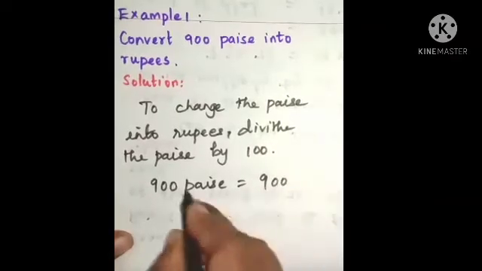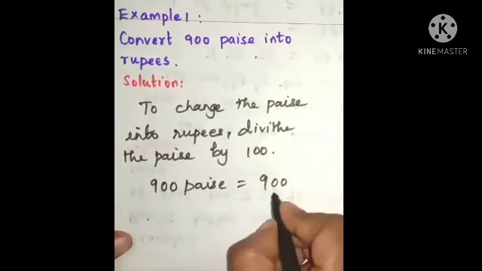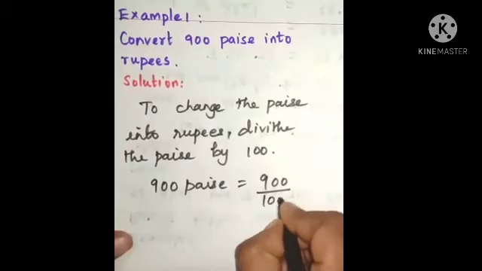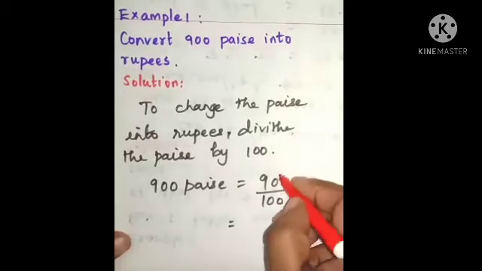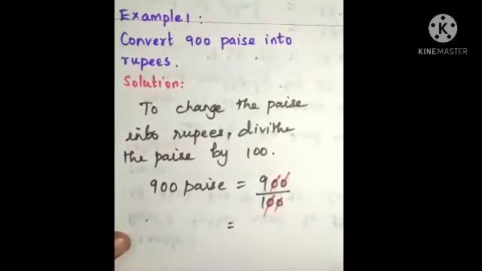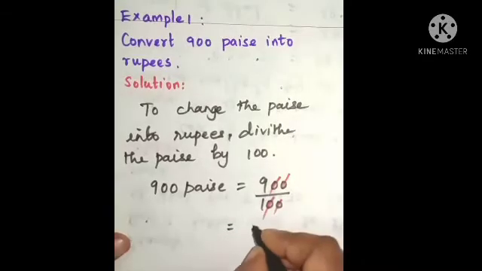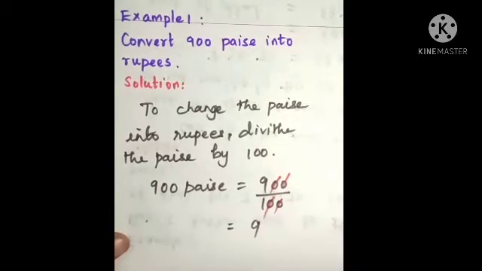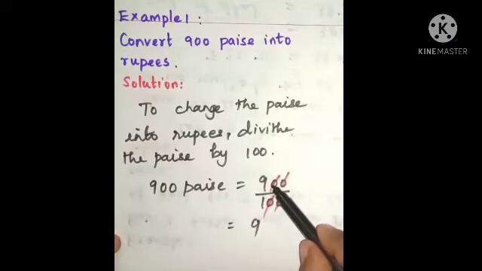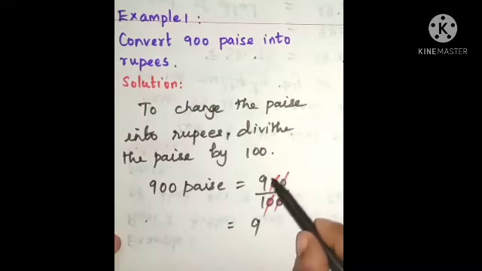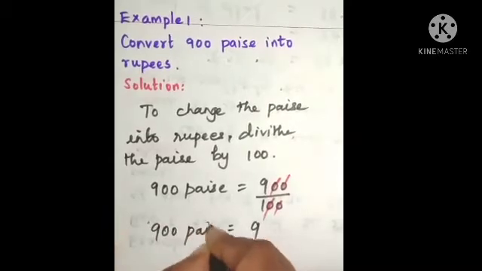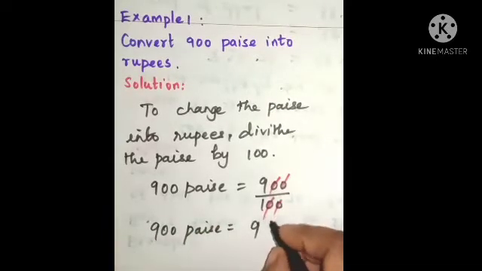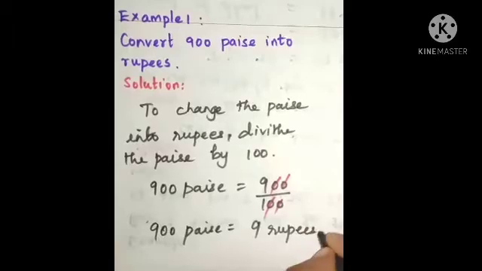Now we are converting it into the rupees form. Divide it by 100. Now cancelling two zeros from the numerator and the denominator, we get 9. When we divide 900 by 100, it is 9 times. Now 900 pies is converted into 9 rupees.